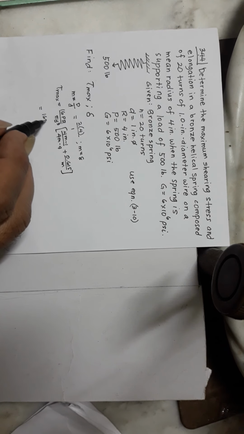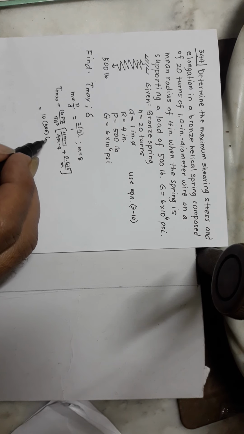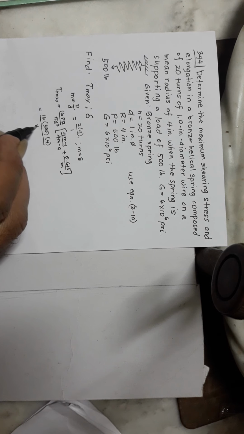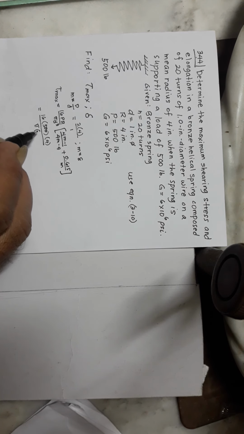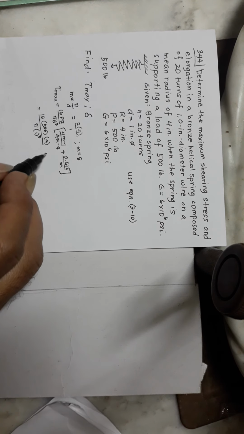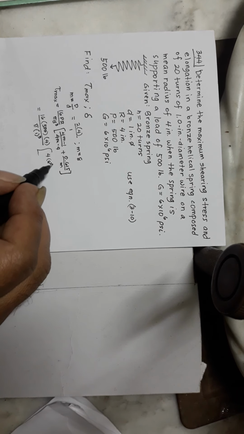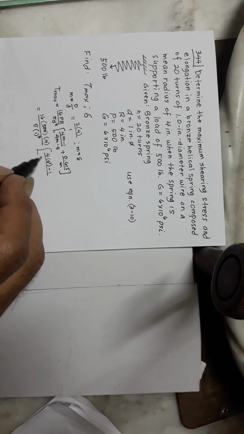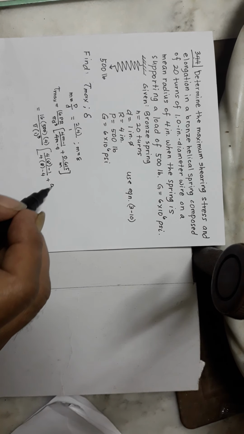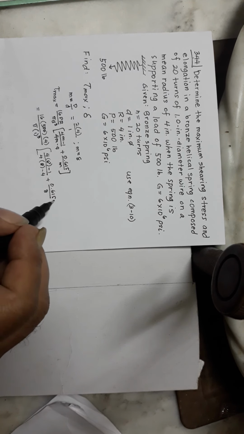So we start with 16. P is 500. R is 4 inches divided by pi. The wire diameter is 1 inch cube times 4 times m, which is 8, minus 1, over 4 times 8 minus 4, plus 0.615 over m, which is 8.